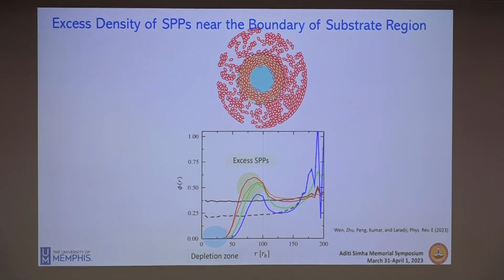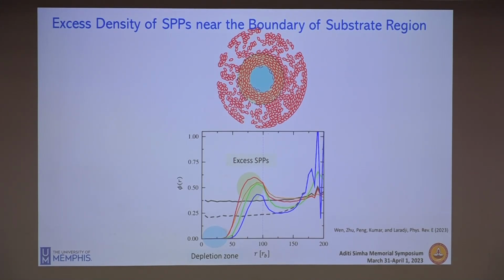What about this region with high density of the particles? So it's clear here that the particles in this vortex are highly dense beyond that depletion zone, and then you have a lower amount of particles outside in the uniform region.